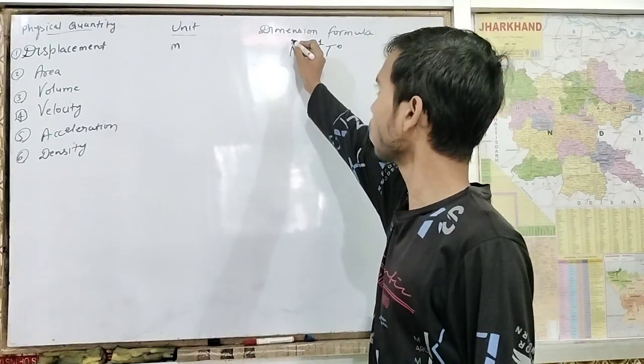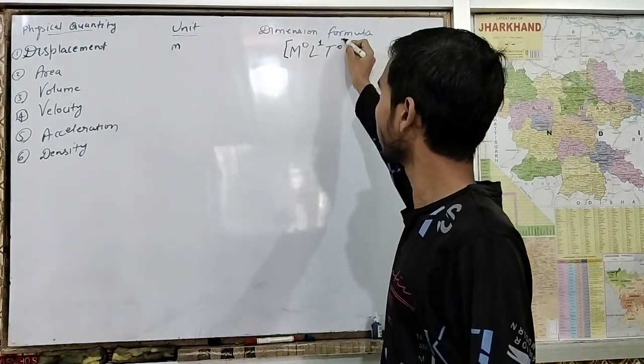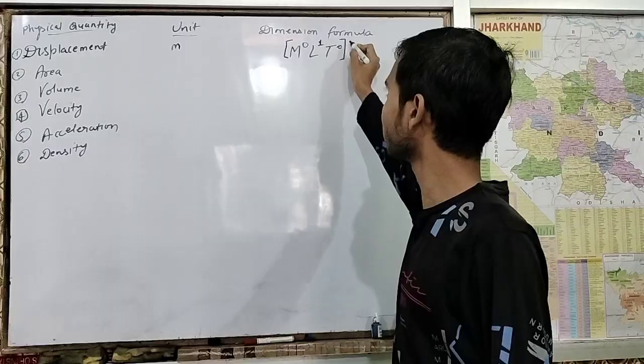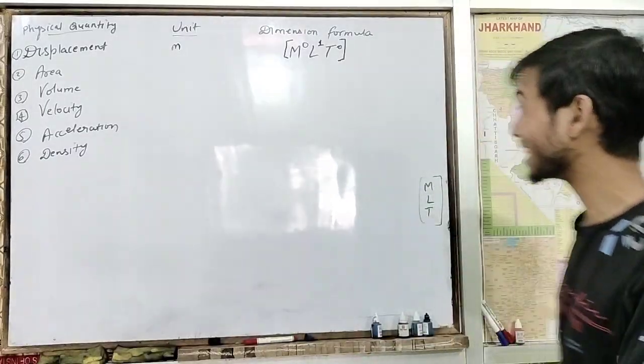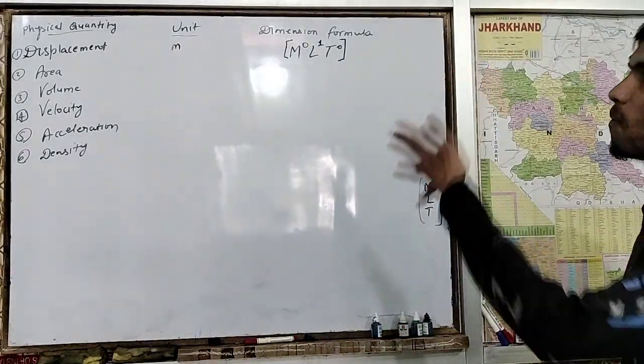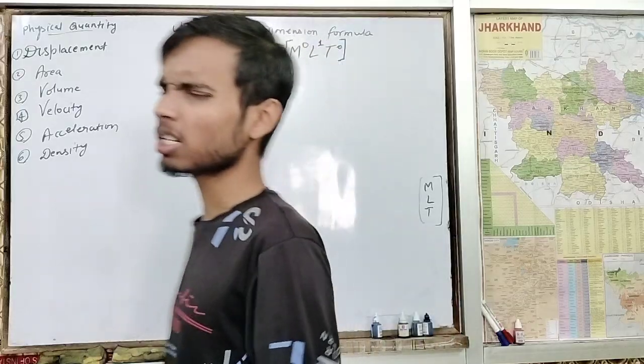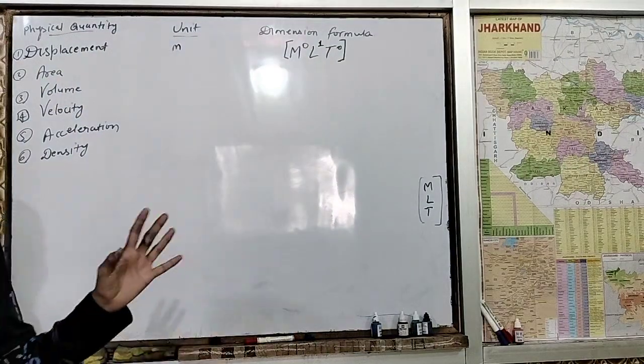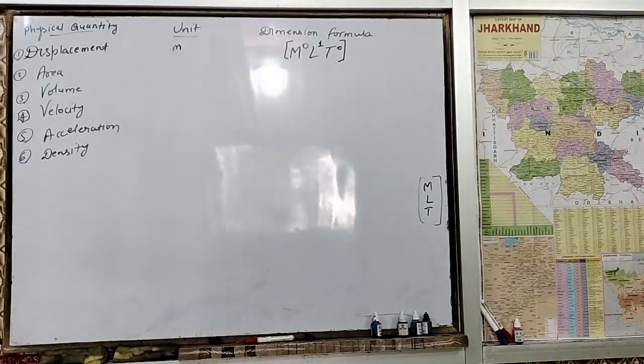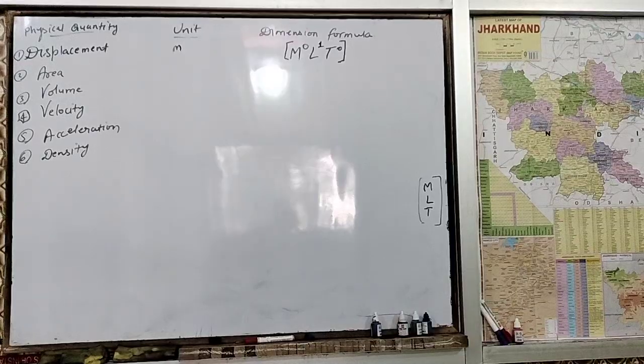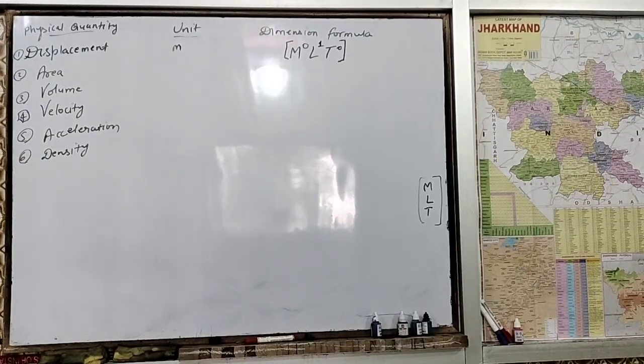And just surround it by using a square bracket. This is how we write a dimensional formula for a physical quantity. Clear? Are you understanding?